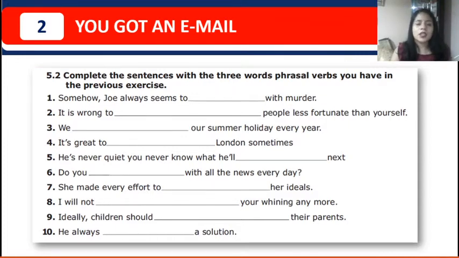Okay, so here you have, somehow Joy always seems to get away with murder, right? He always seems to get away with murder. He's not punished, right? So what about the next?